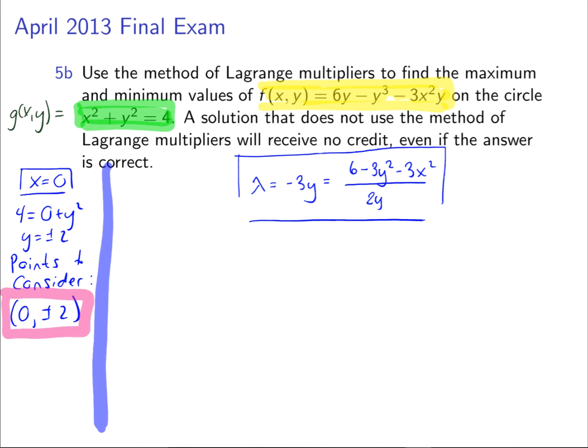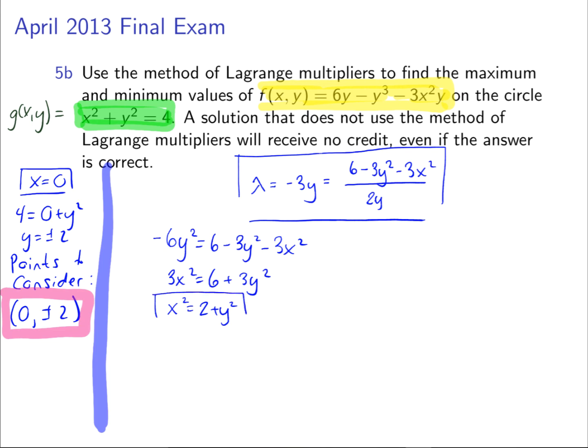Let's start by multiplying both sides of this equation by 2 times y. We could go ahead and solve for x, but for the purposes of plugging this into our constraint, it's actually easiest to leave this as x squared, because our constraint is x squared plus y squared.